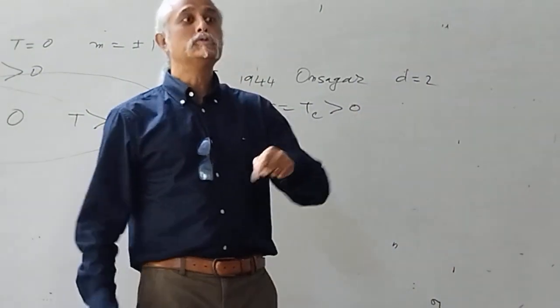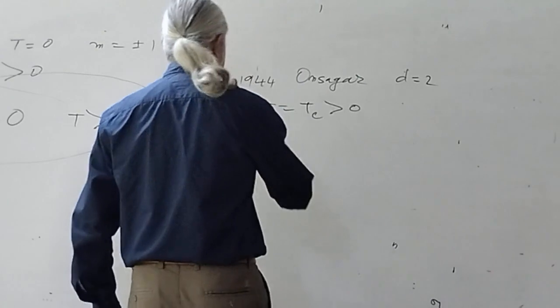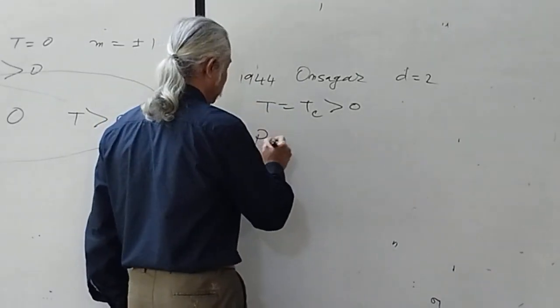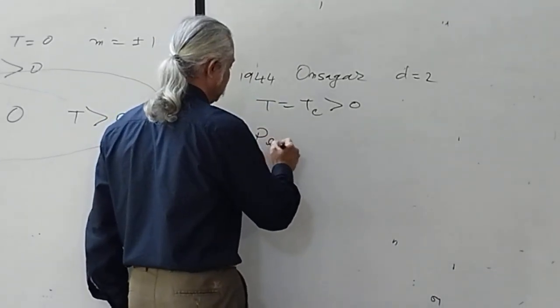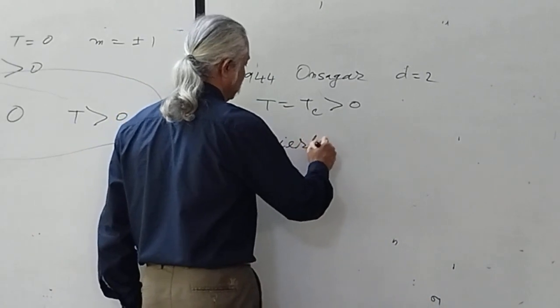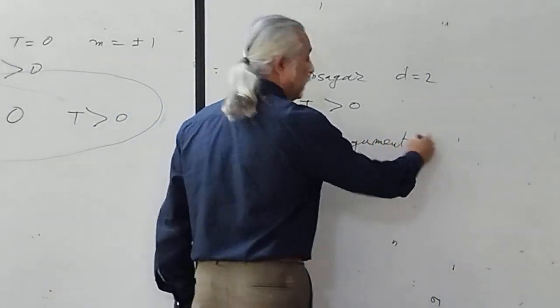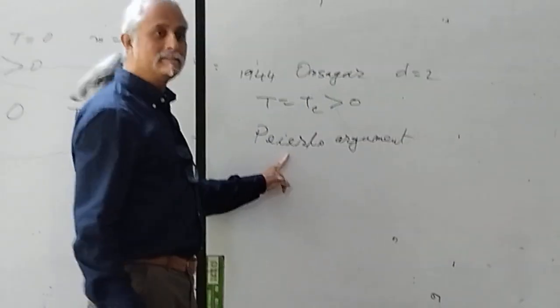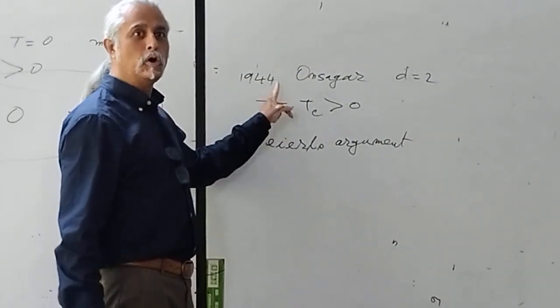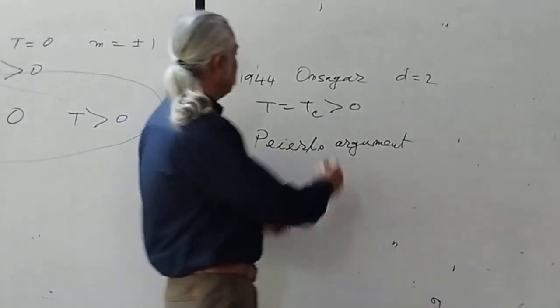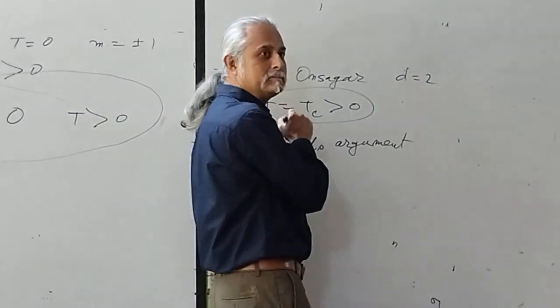Somebody has done it. I'm so stupid that I cannot do this. It's so complicated. But I promise I will do some. I will use the Peierls argument to show that the system undergoes a phase transition at this condition.